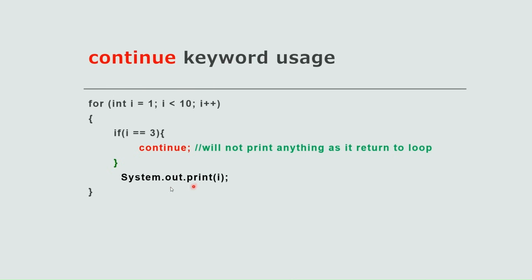So it will not print anything here. But if you have code before the if statement, it will execute. If you want nothing from your code to execute when i equals 3, then you have to put it after the if statement.